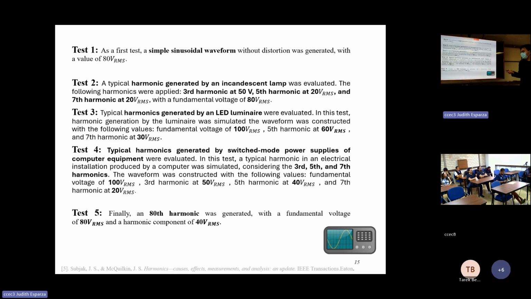And finally, test five is special because the source has 18 harmonics, which are considered superharmonics.